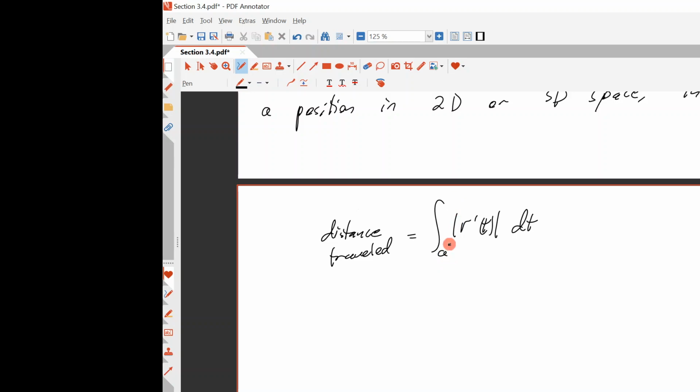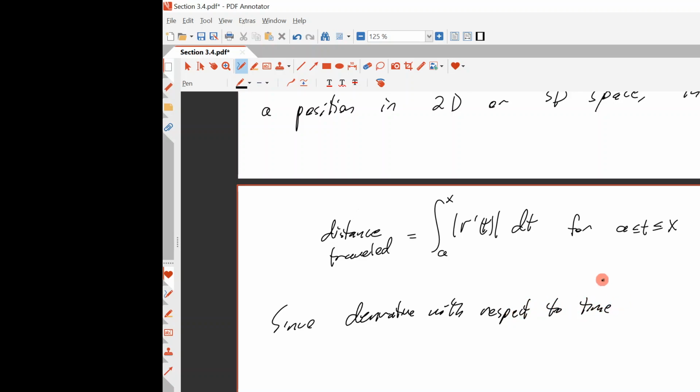And instead of having a, b, we'll have, say, a parameter x. Distance traveled for a less than or equal to t less than or equal to x. Therefore, if you take the derivative of distance traveled with respect to time, what do you get? I guess we shouldn't use x. X is bad in this case. Call it s.